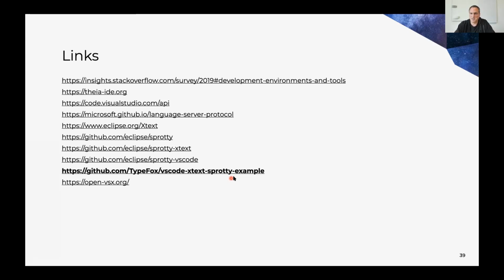Does Sprotty LSP allow to transport and persist node location sizes and so on? That's a very good question, because what you've seen was automatically layouted using the ELK framework, also Eclipse open source. But for most applications, users may want to move nodes around and reroute edges and so on.